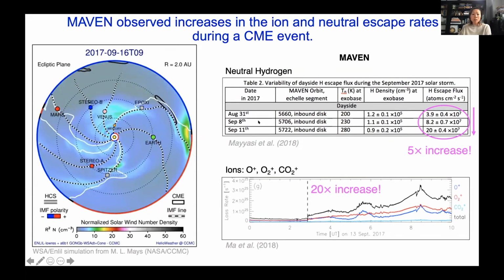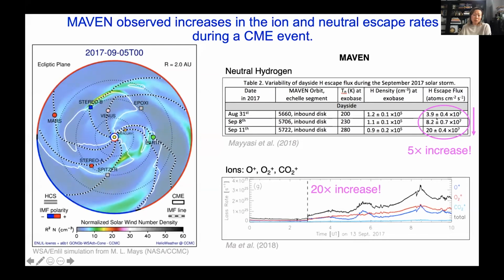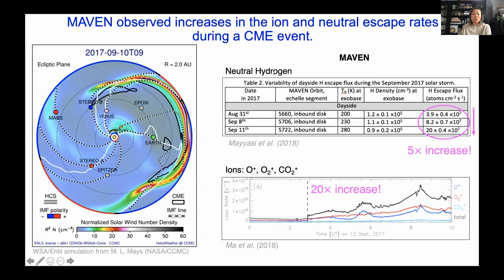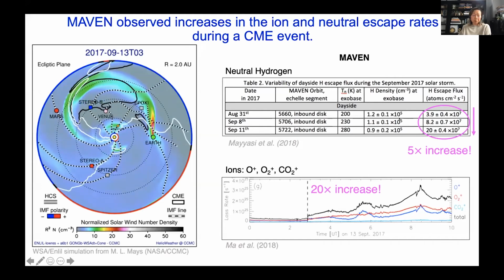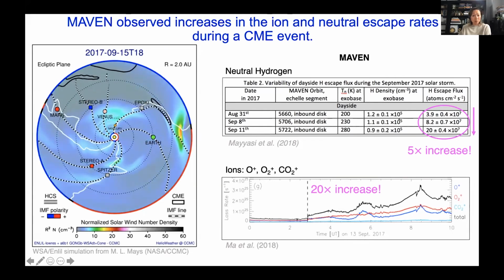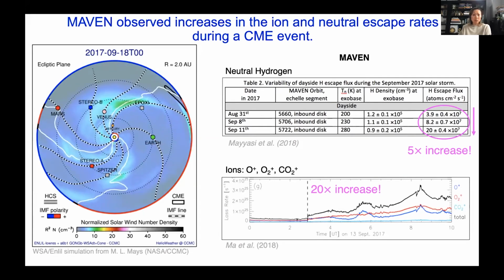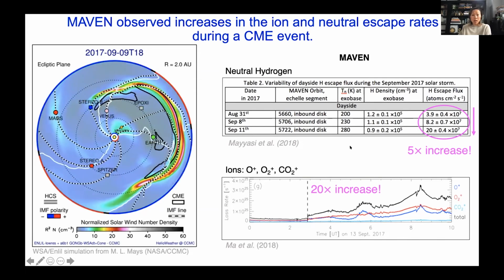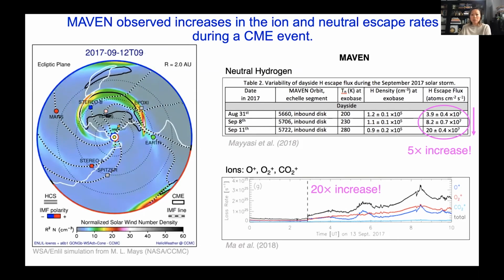The top right-hand side shows basically a 5 times increase in the neutral escape when there's a CME event, and these are the escape rates due to this September CME event period that I mentioned earlier. On the bottom shows the 20-time increase in the ion escape from the same CME event.